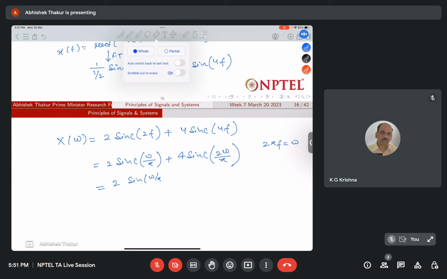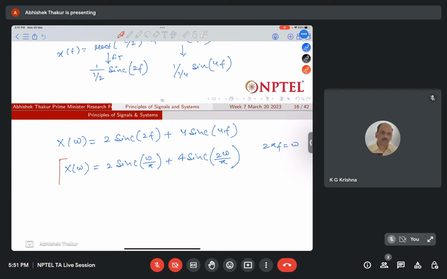We can leave the solution up to here only, or we can simplify it further. So this is the Fourier transform of this signal x(t). Okay, so this was one of the questions.